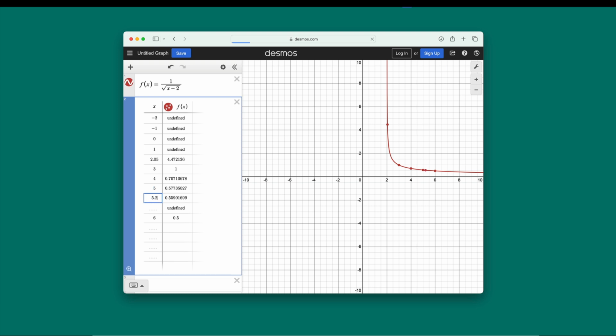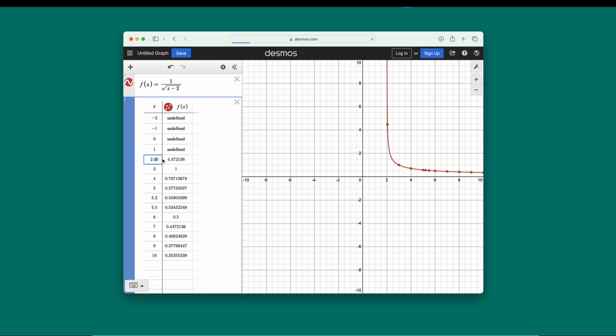But I want you to see some behavior: the behavior of the function as x goes to positive infinity and as you're getting closer to 2 from the right. So let's pay attention closely here.